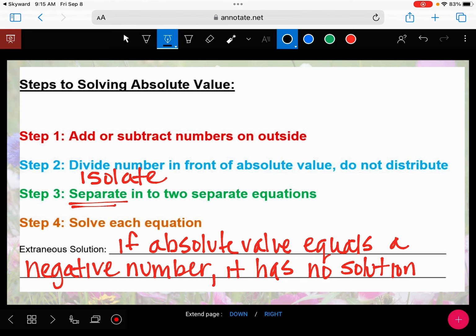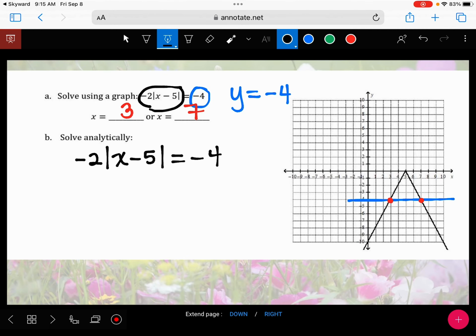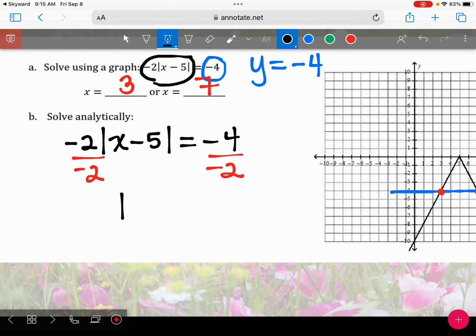Step 2, divide the number in front of the absolute value. We cannot treat this like a parentheses. We can't do this. That doesn't work for absolute value. So what we have to do is divide it. And when we divide it, we get that the absolute value of x minus 5 equals +2.